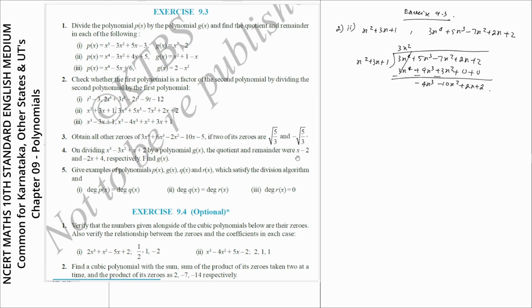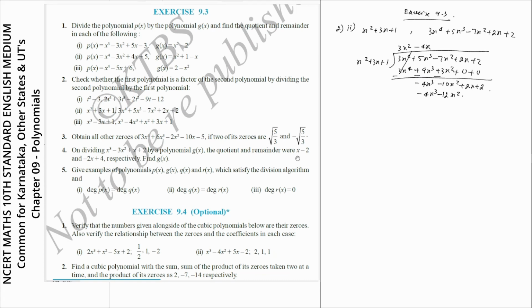Okay, now if I multiply by minus 4x, x square into minus 4x is minus 4x cube. Then minus 4x into plus 3x, 3 4s are 12, minus into plus is minus, so minus 12x square.